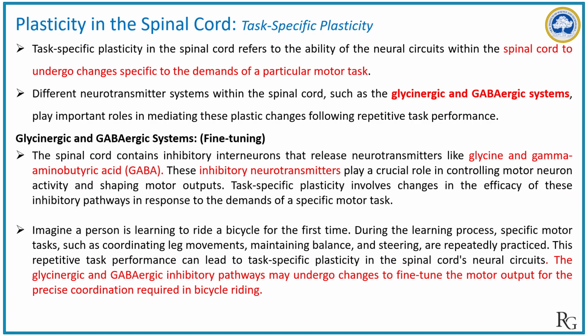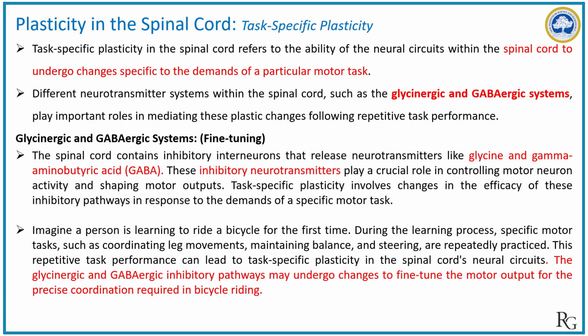Now, during task-specific plasticity, the efficiency of these inhibitory pathways can actually change depending on what the task demands. We can think of learning, let's say, to ride a bicycle.